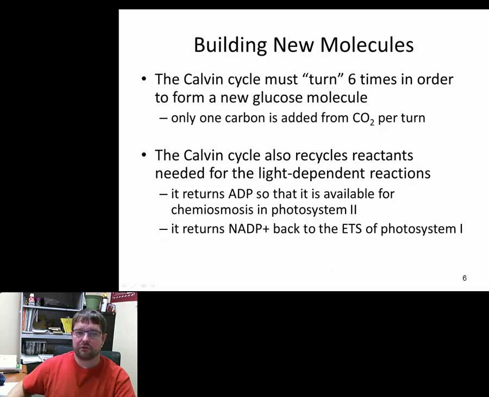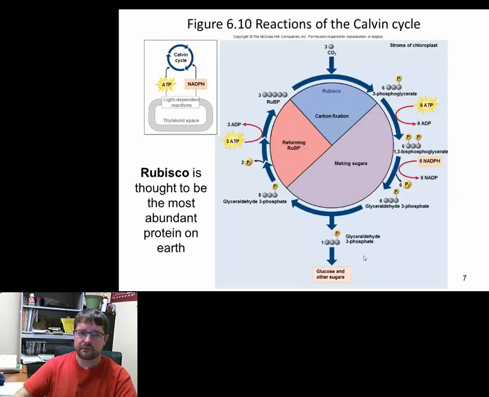Okay, so these are recycled reactants, and it just can keep carrying on as long as there's photons available and water available. This process can continue, because remember, you got to get the electrons from breaking the water molecules. So as long as photons and water are available, this can occur over and over and over again, and the plant can make new sugars as long as carbon dioxide is coming in.